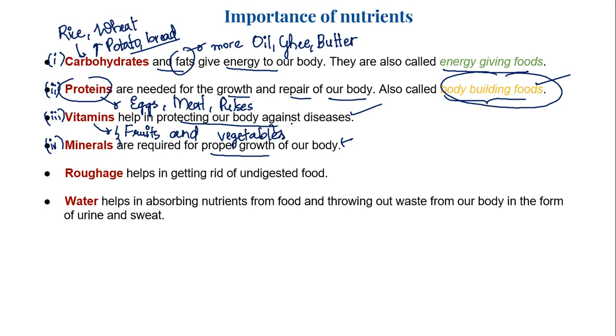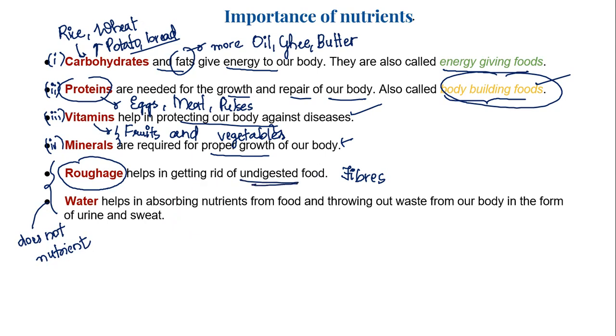Okay. Apart from that, we include the roughage or the fibers also in our food, right? And what is the use of it? Roughage and water do not give any nutrient to our body, but they are very important components of our food, because roughage is going to help us in getting rid of the undigested food.